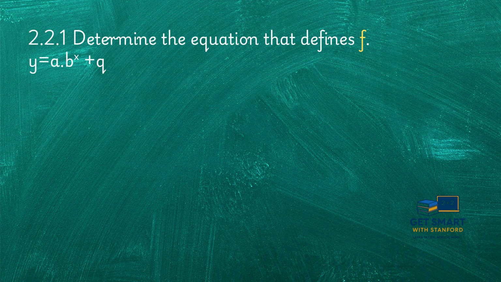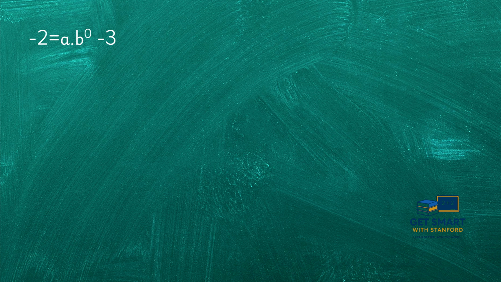From what we've been given, we know that in the first point the value of q is -3, x is 0, and y is -2. If we plug those values in, then a equals 1. In the second point, the range is still the same, -3, x is 1 and y is -1.